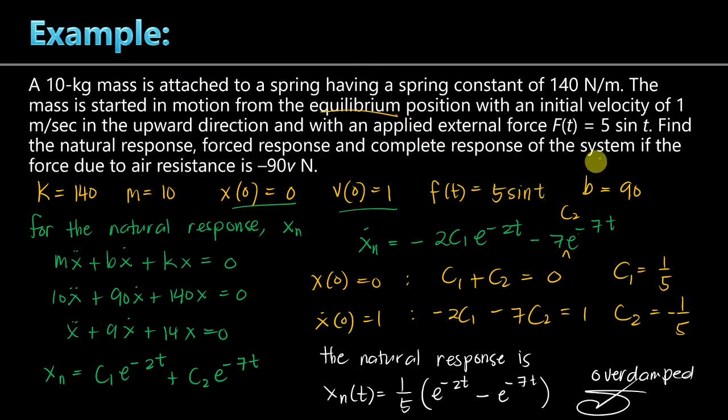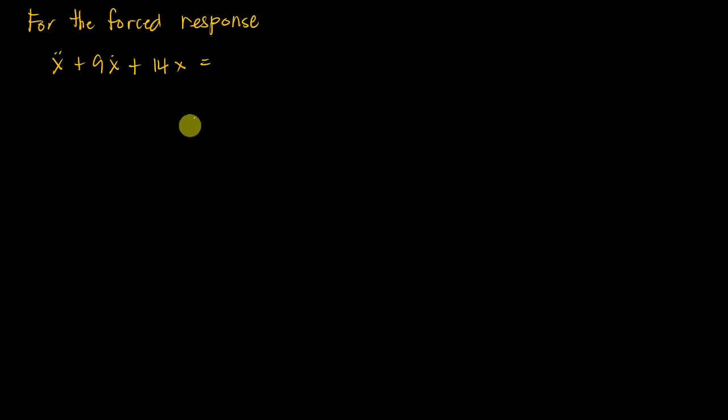So, x double dot plus 9x dot plus 14x equals yung input natin na 5. Pero di ba nag-divide tayo dito ng 10? Kaya 5 over 10 yung mangyayari. 5 over 10 is 0.5 times sin t. Tapos yung initial conditions natin, gagawin natin 0. X of 0 is the same as v of 0 and both of them will be equal to 0. Why? That's the condition in solving for the forced response.